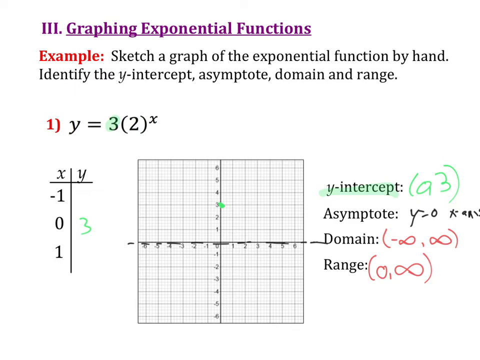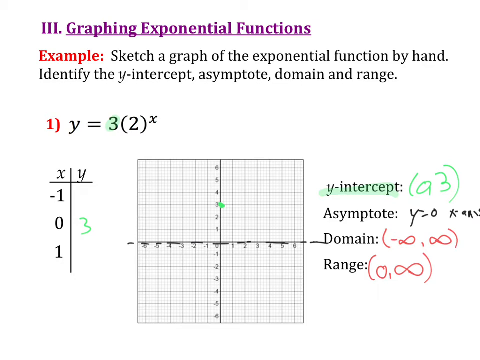And that's always going to be the case for these until we start shifting the asymptotes up and down. The 0 needs a parenthesis because we never actually hit 0 on the axis there.